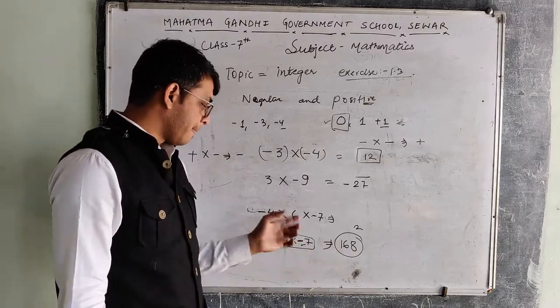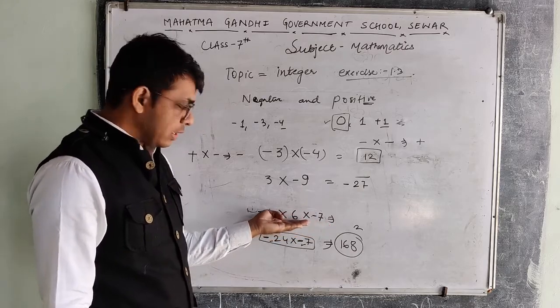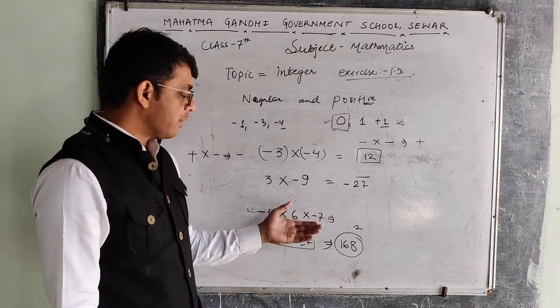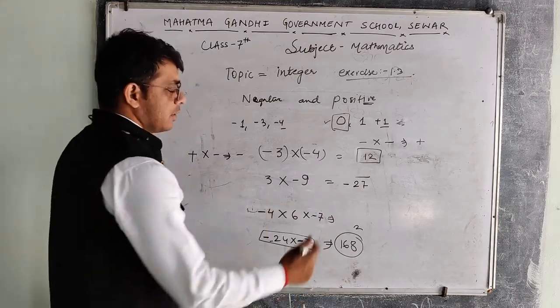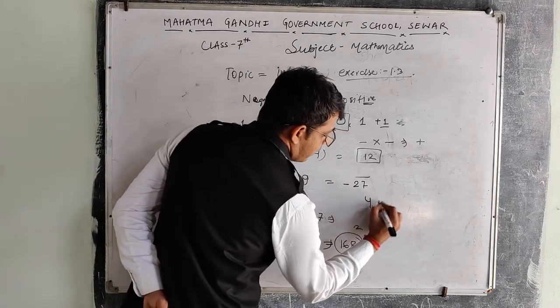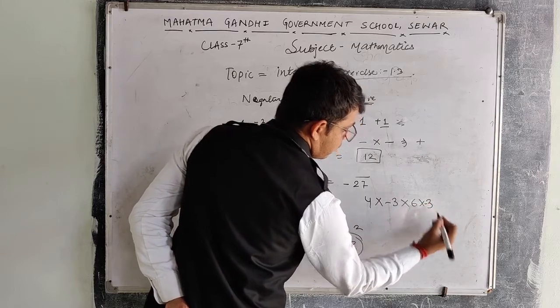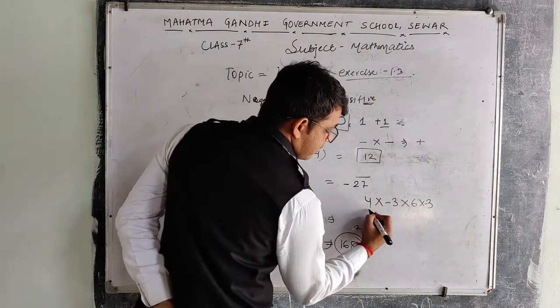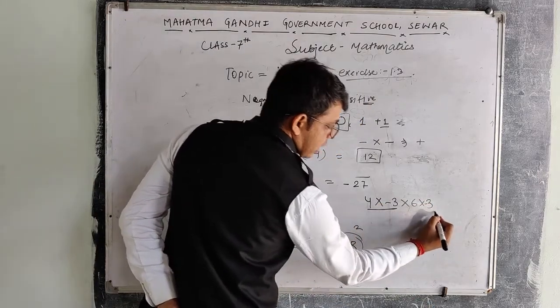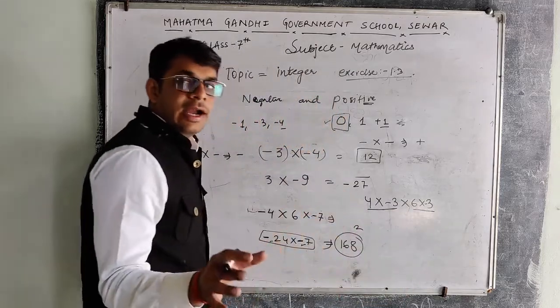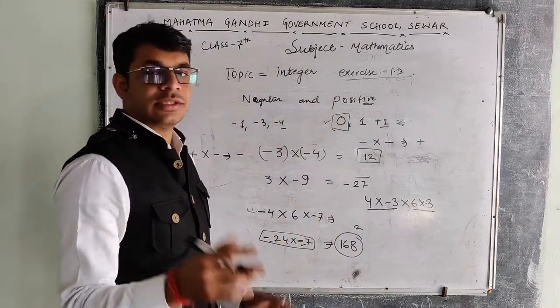So in the case of three integers, if we multiply four integers, what will be the result? The same. Like 4 into minus 3 into 6 into minus 3. First we will multiply these integers in batches of 2.